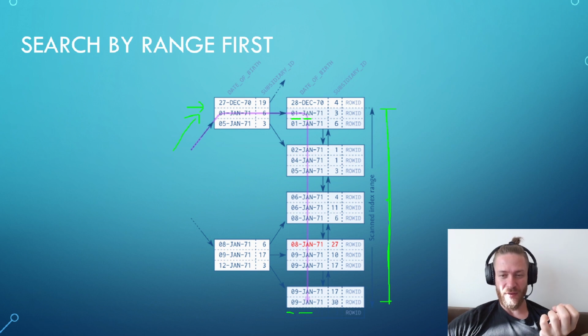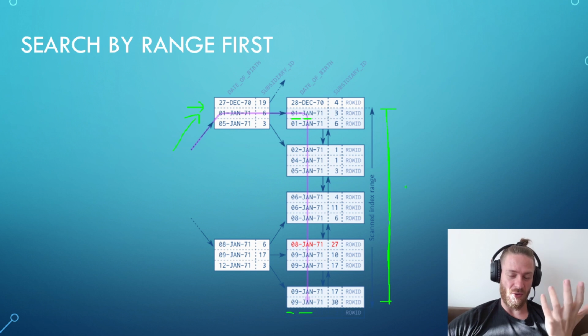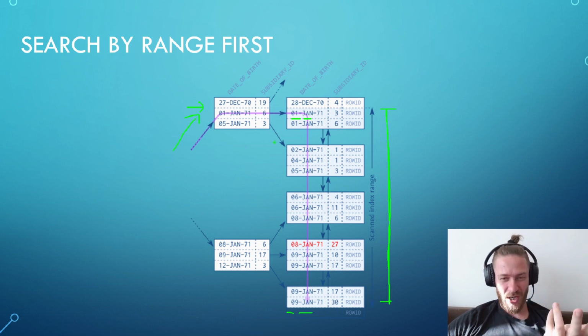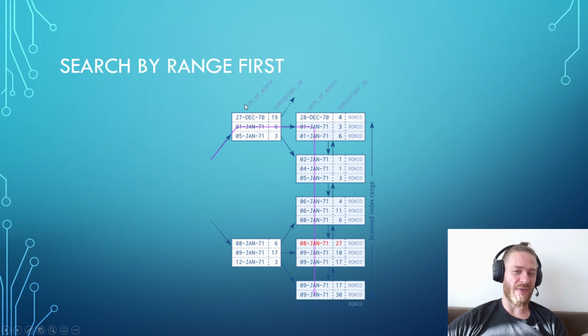It will have a good range of 10 values or more, and then among this range, it will search for the equality value. This is what happens when we have the range first and then the equality.